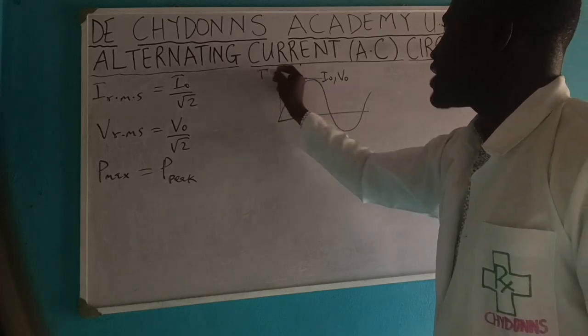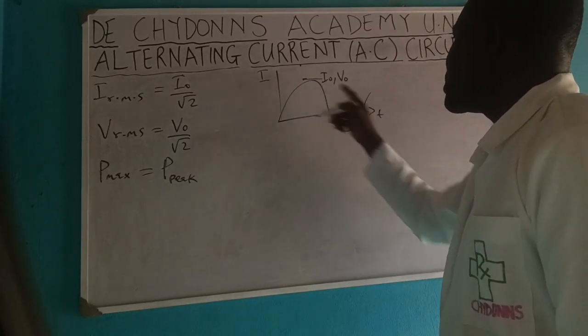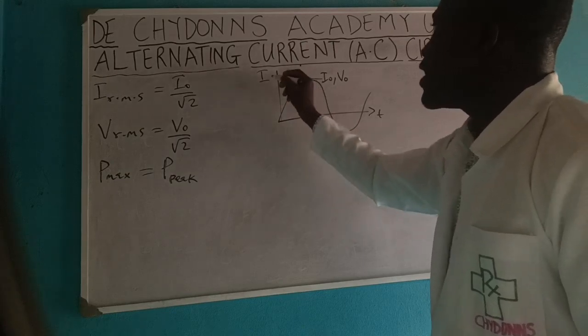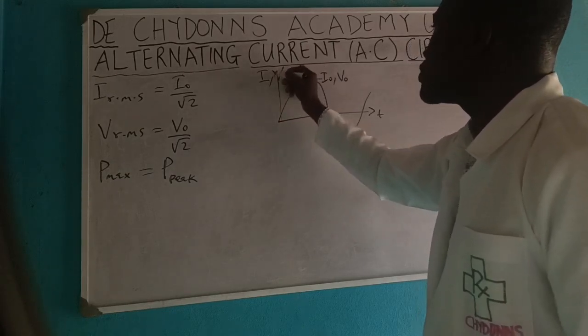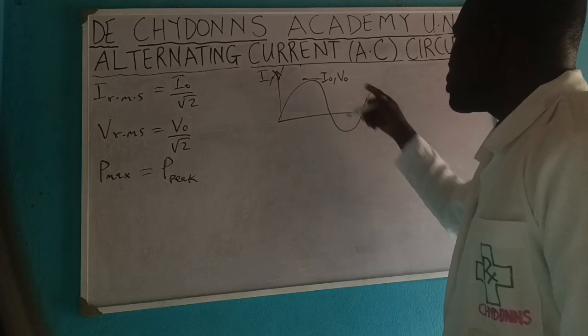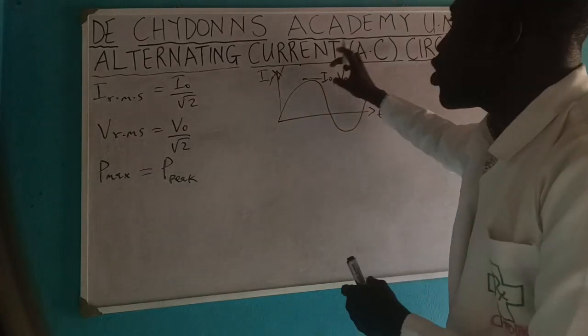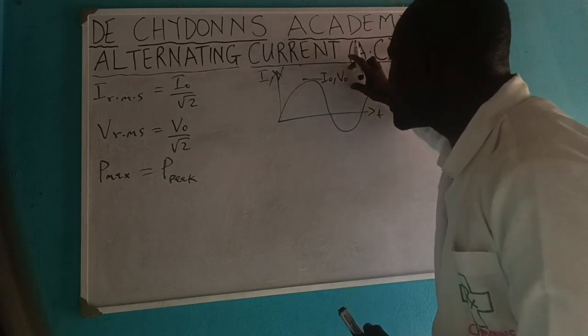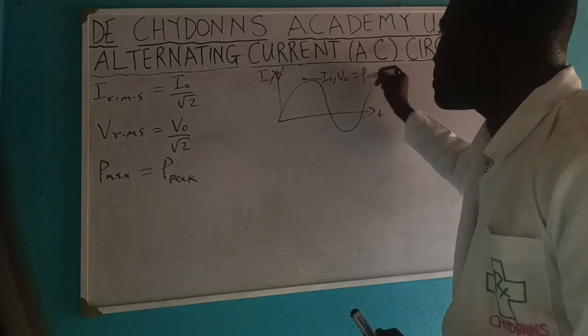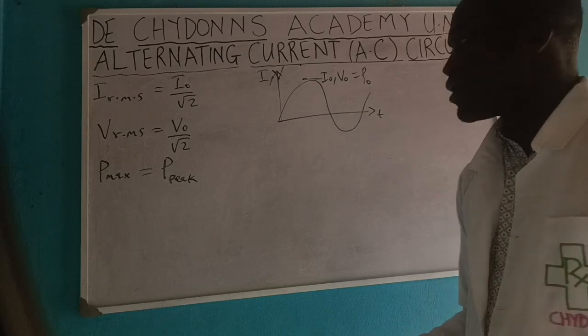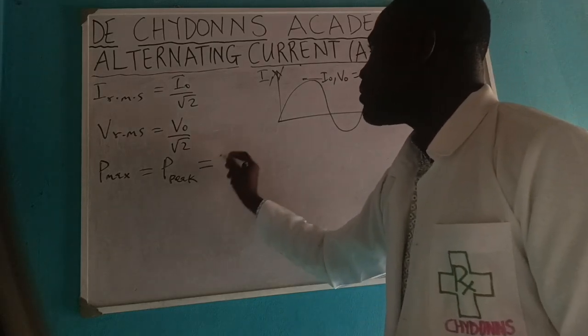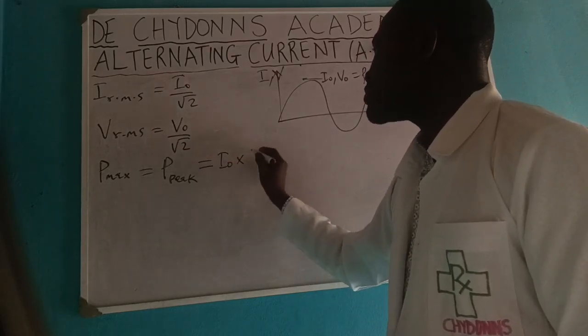If you are saying graph of I against T, this will become the peak current. But if you are saying graph of V against time, this will be called the peak voltage. So when you get the peak current multiplied by the peak voltage, you'll be getting the peak power. Now the peak power simply means I0 times V0.